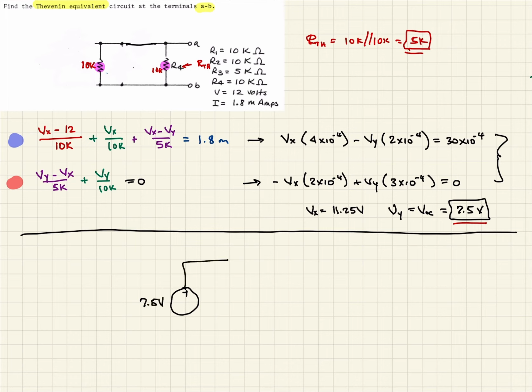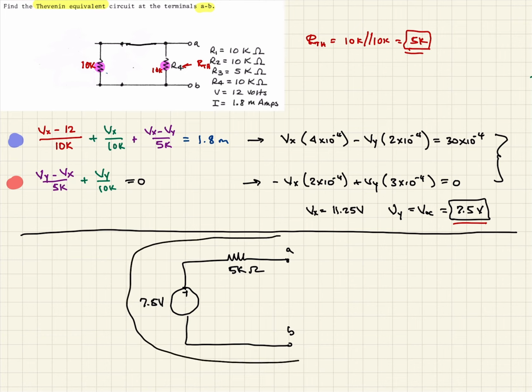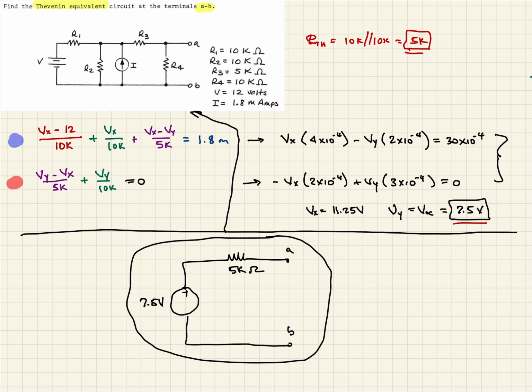And then that's in series with the Thevenin resistance, which we just determined was 5K ohms. And again, this is A and B. So this is our Thevenin equivalent circuit for our original circuit, which I can reset here for that guy.